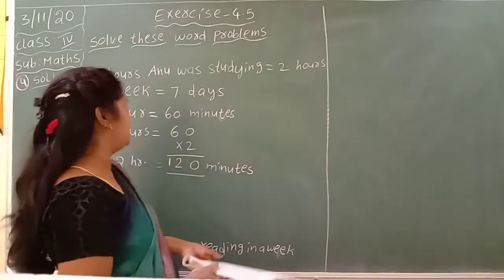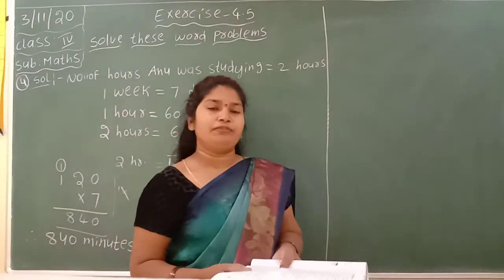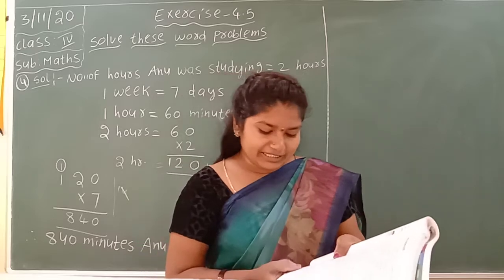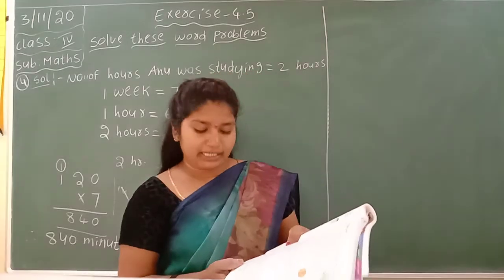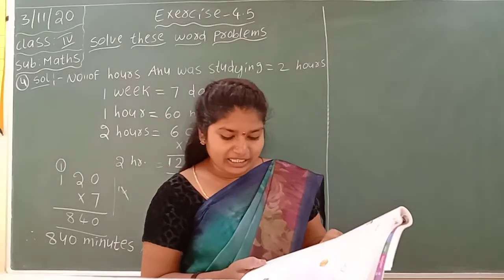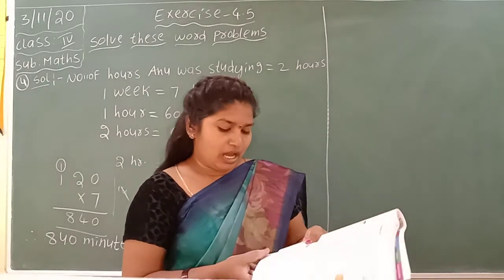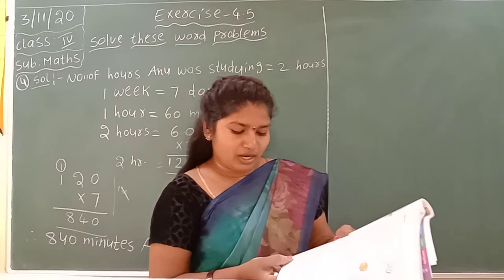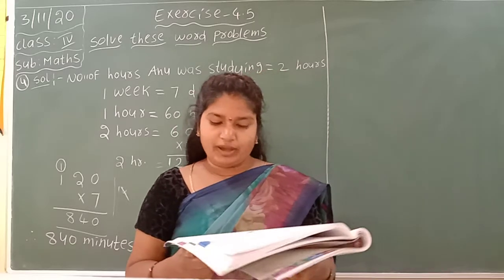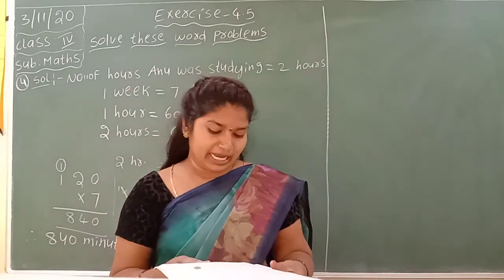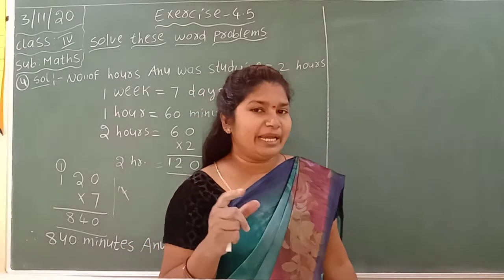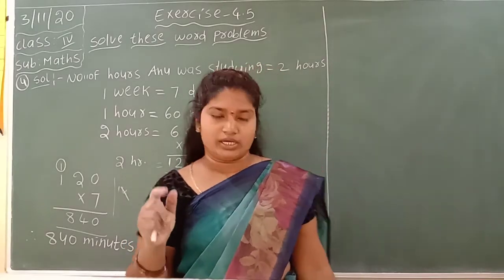Next, go for the next question. That is 5th one. A dozen pencils are packed in a box. 20 boxes are packed in a carton. How many pencils are there in 75 cartons? They are asking, a dozen pencils are packed in a box.